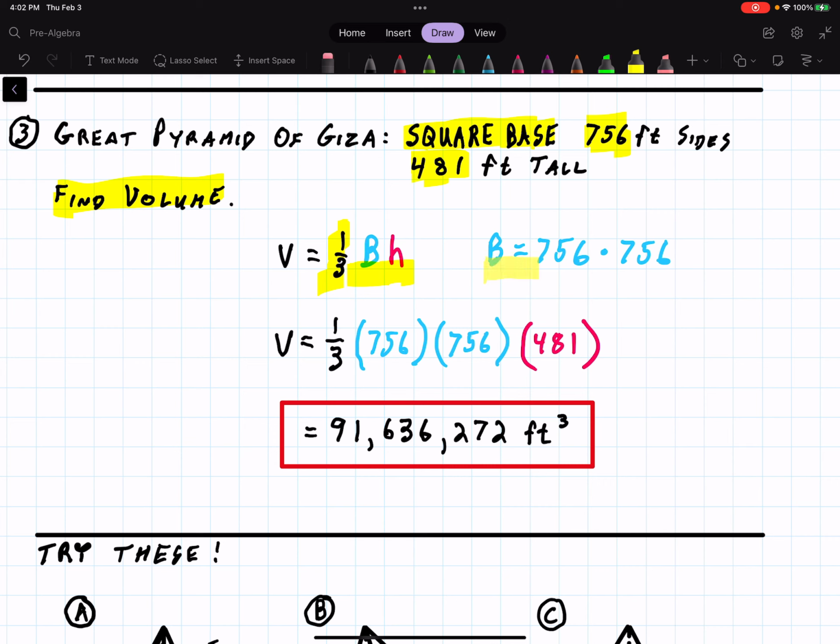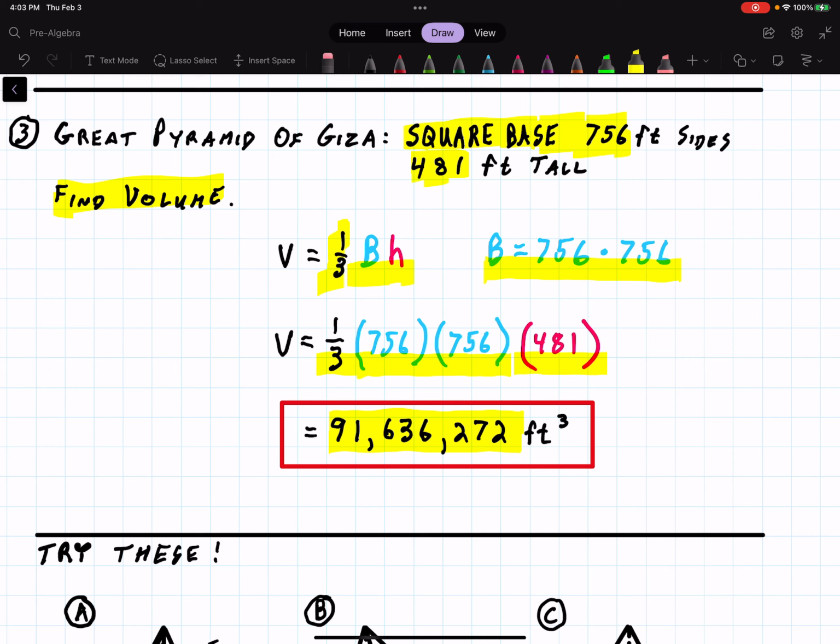The area of the base, it's a square, remember, comes from our given, and each side is 756 long. So 756 times 756, times the height of our pyramid, 481, times 1/3, and we get this large number, 91,636,272 feet cubed.